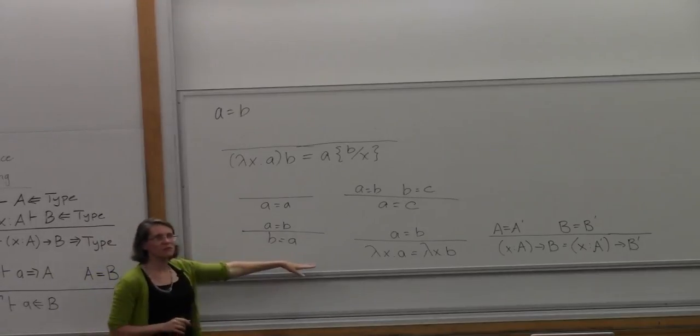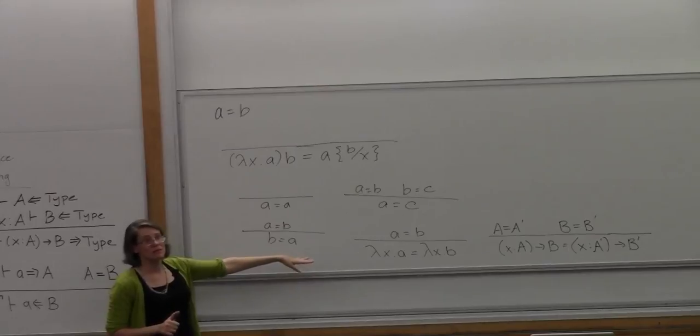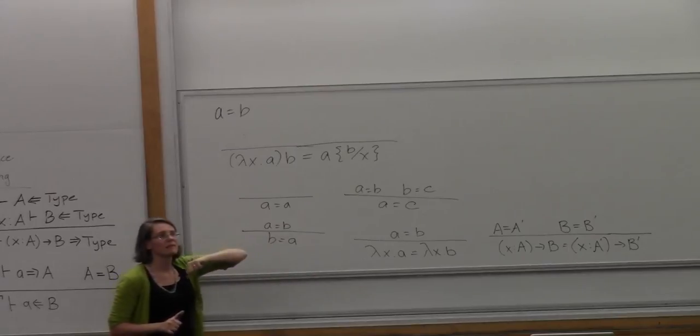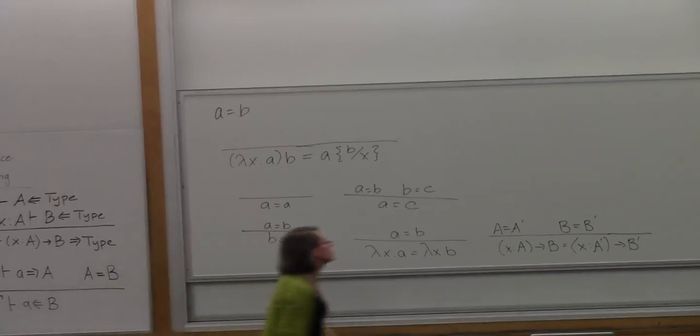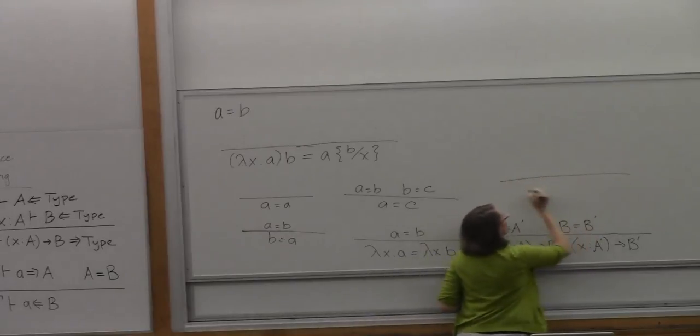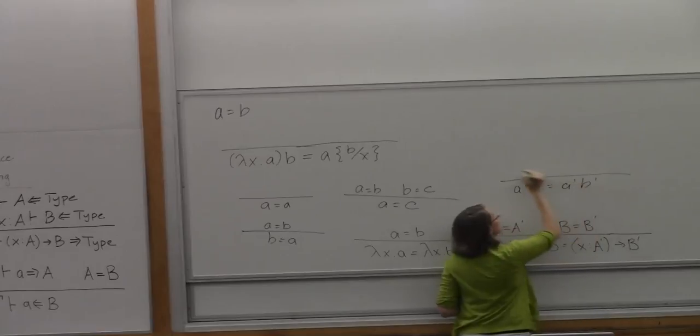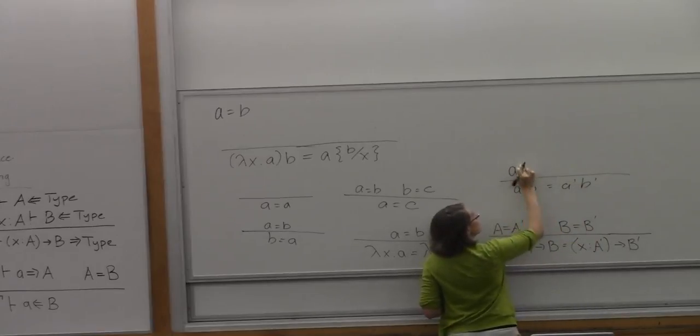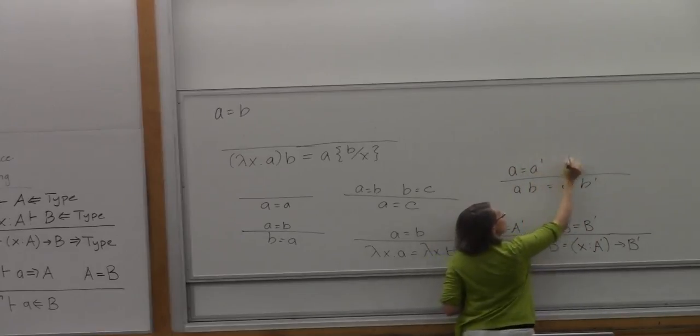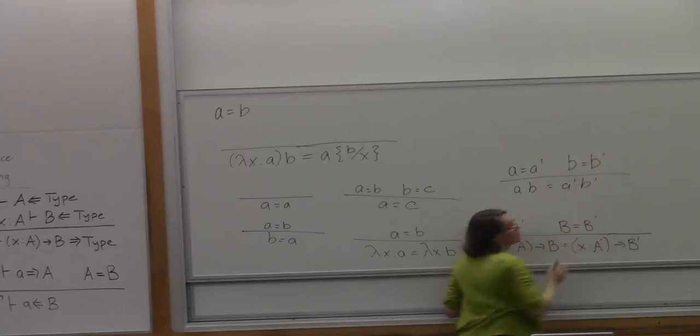Did I get all the congruence rules? Are there any more? Yeah, definitely application. So we also need one more for application. When A equals A prime, B equals B prime.